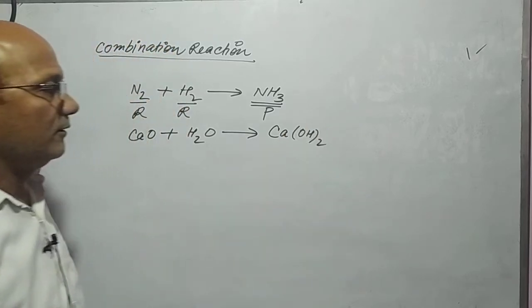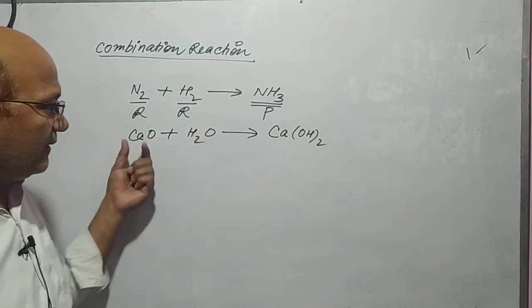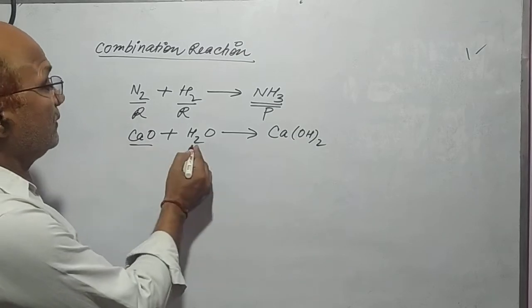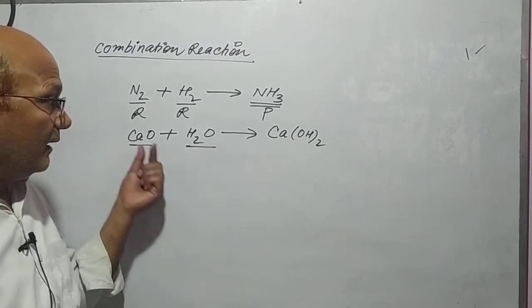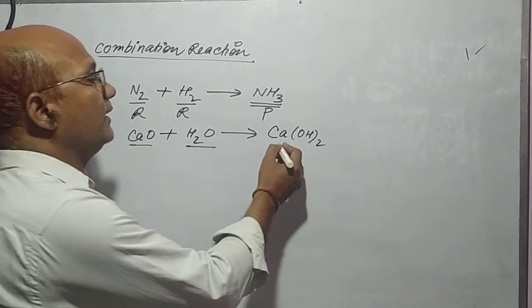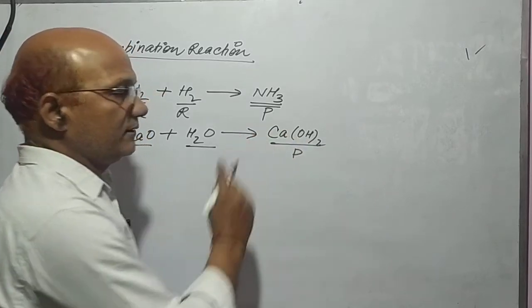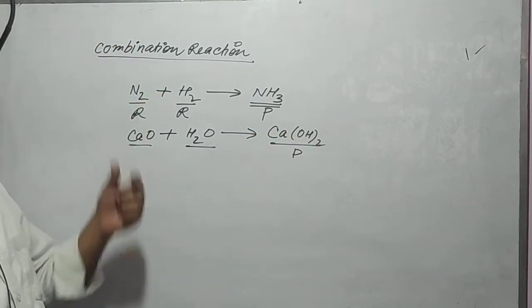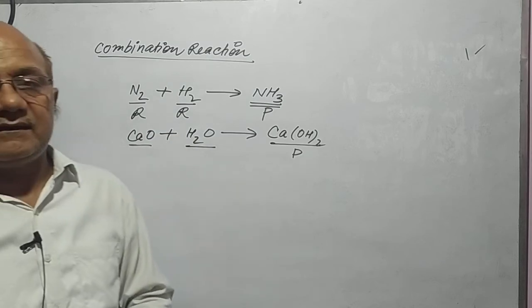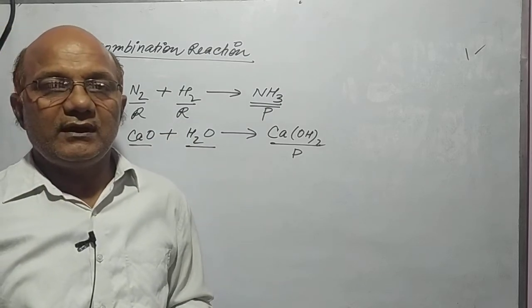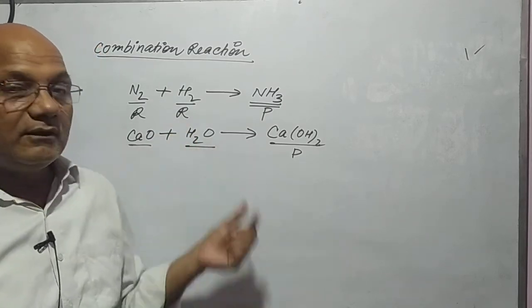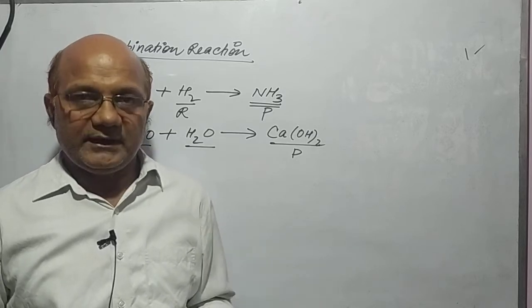Okay. So again you can see there are two reactants and there is only a single product. So in combination reaction, two or more reactants combine to form a single product.